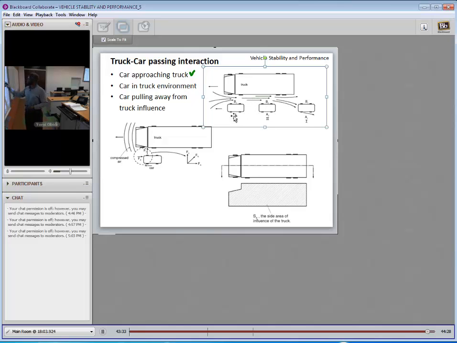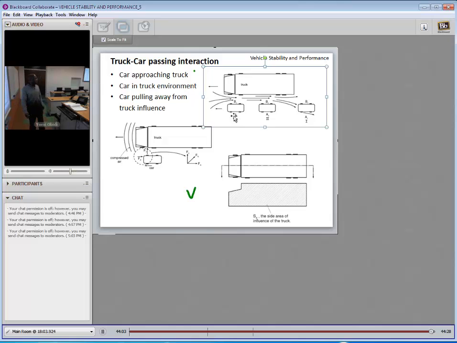And these are the phenomena that are taking place in a car-truck interaction. Again, this is based on the assumption of a straight flow. There's no curve on the highway, it's straight, and the wind is head-on or still wind. The dynamics become a bit more complicated when you have various road conditions, when you have curves and bends and a number of other things. But in this simplified form, that's exactly what happens.